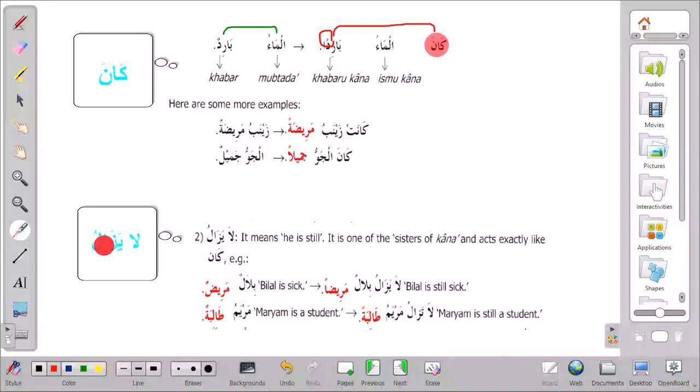Okay, so let's look at it. La yazalu. Actually, it is coming from zala yazalu. The actual verb is zala yazalu. And zala means for something to depart, for something to decrease and run out. That is zala. Okay, if you look at one of the poems that we saw in book 1 of the Qira'atul Rashida, I don't know whether you have come across it.